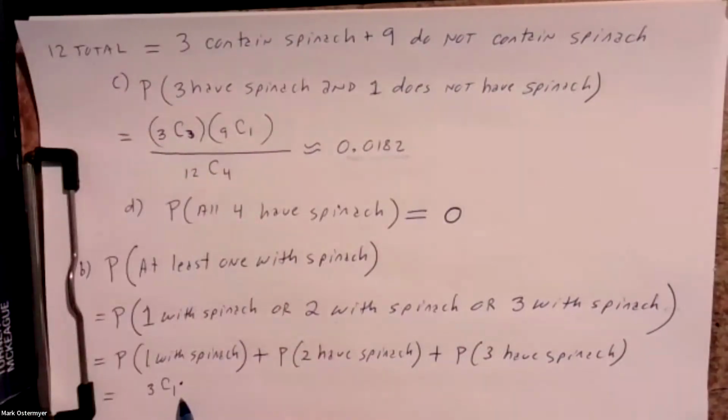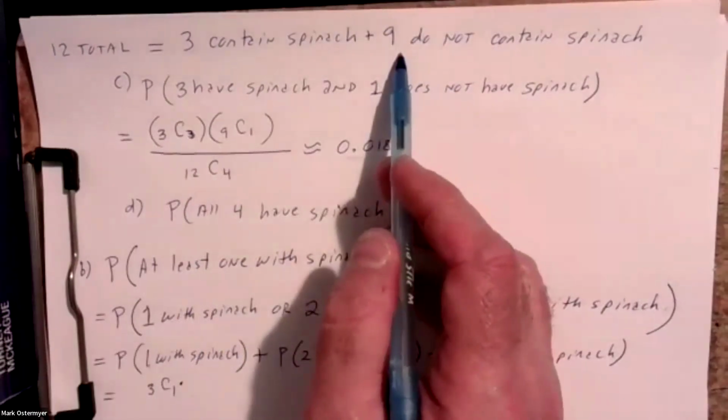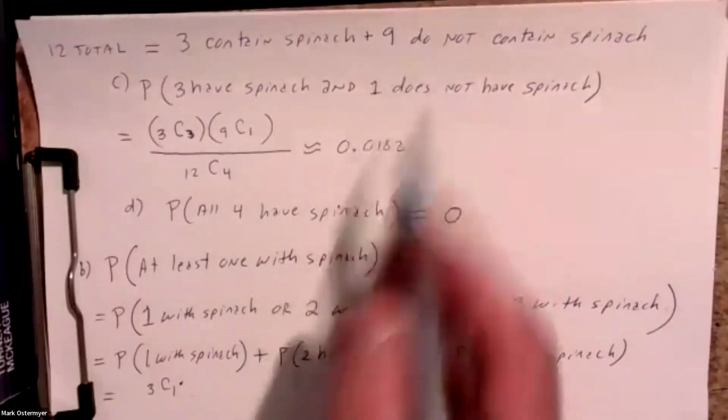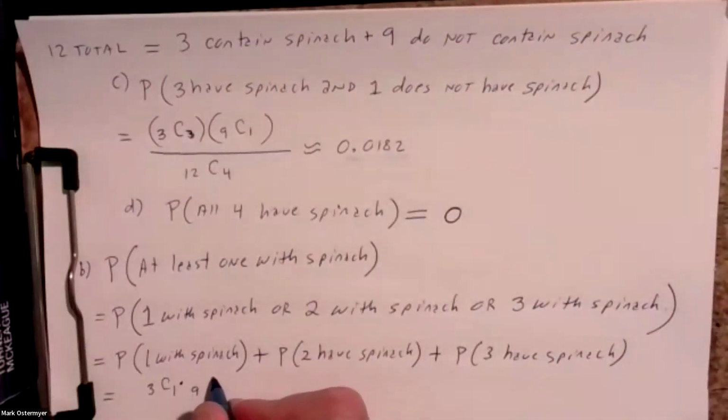So how many ways can I choose three entrees with no spinach if I have 9 available? If order doesn't matter, that'll be 9 in combination with 3. Notice, one entree is to be chosen with spinach, 3 are to be chosen without spinach. And this is all divided by, you guessed it, 12 in combination with 4.